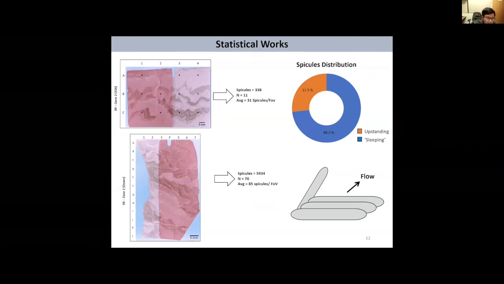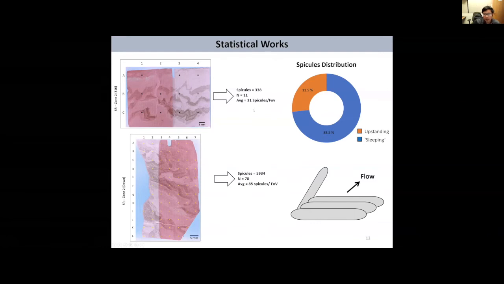So let's talk a little bit about statistical work. For the SR Zane down, this is the along bedding plane cut, we measured around 5,934 spicules in 70 fields of view. So on average, we get 85 spicules per field of view, right? And for the perpendicular to microstructure cut, we measured 338 spicules in 11 fields of view, so about 31 spicules per field of view.